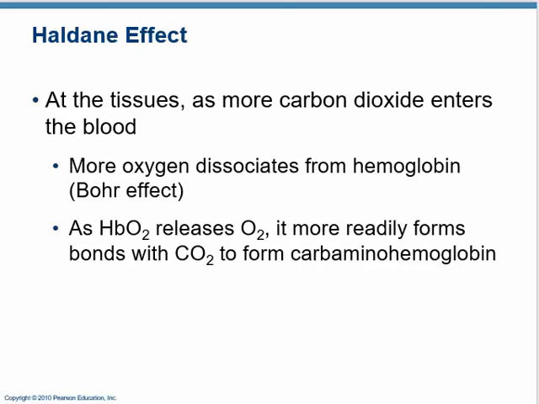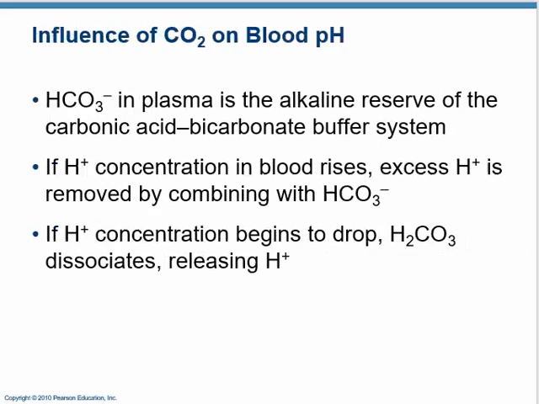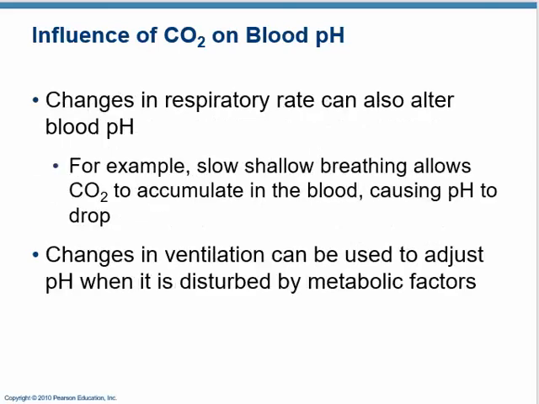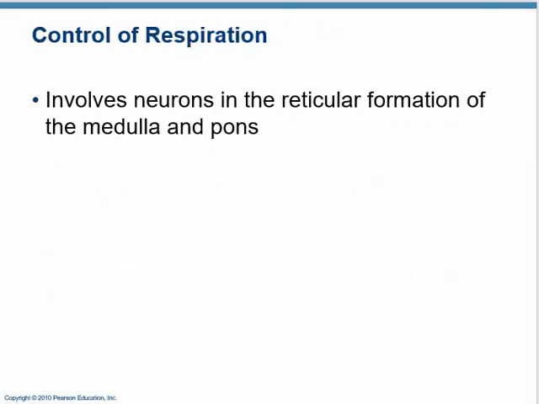So as the tissues get more carbon dioxide, that means more oxygen dissociates, and as the hemoglobin releases oxygen, the hemoglobin will pick up carbon dioxide better. So these two things enhance the exchange. We're going to talk about the effects of carbon dioxide on blood pH in an entirely separate chapter, so I'm not spending any time on it now.